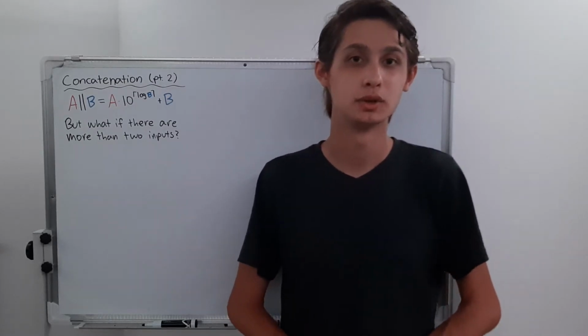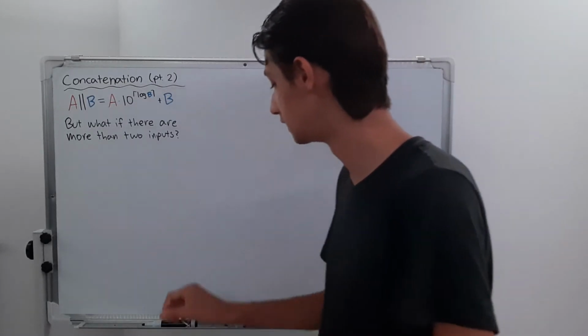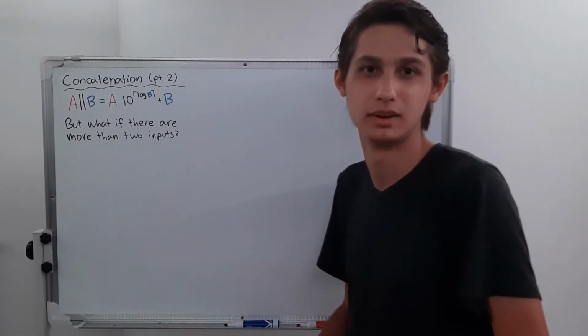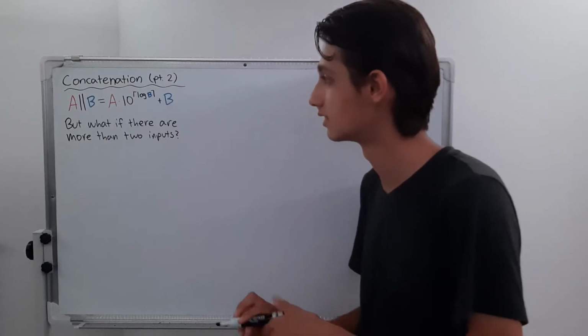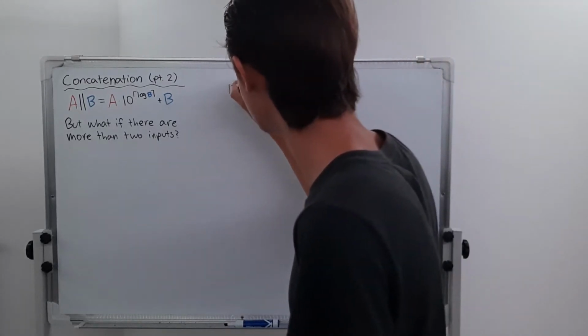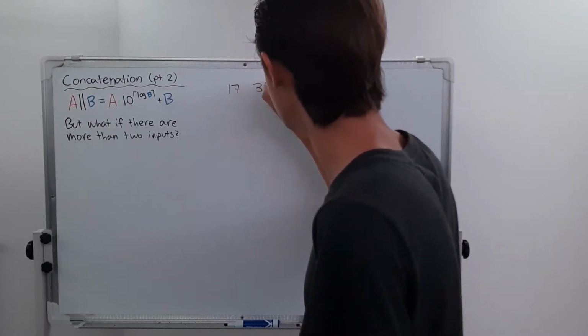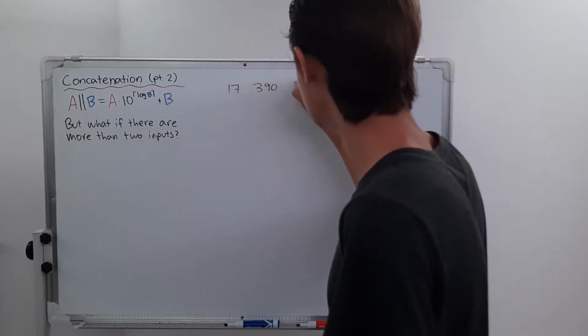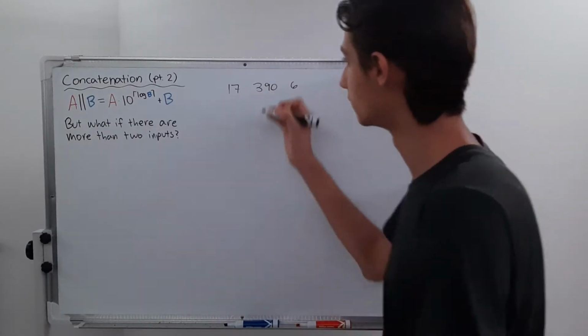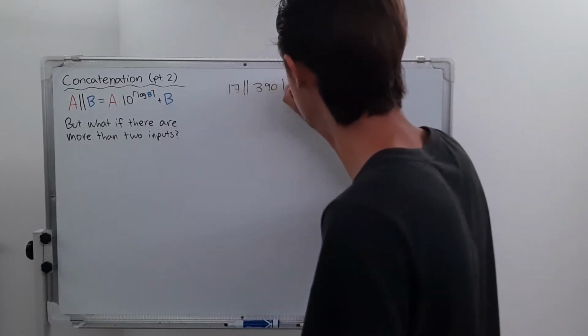So hopefully you enjoy. Essentially, we should start by just observing, looking at how things work. So let's take three numbers. Let's take 17, 390, and 6. We have these three numbers, and we're going to concatenate all of them using this notation.